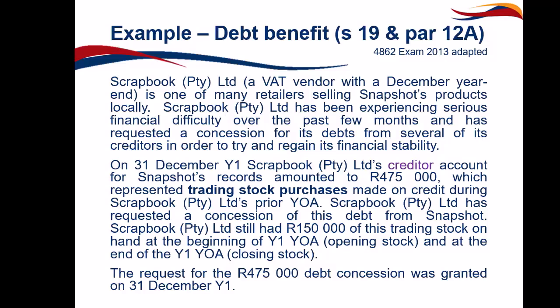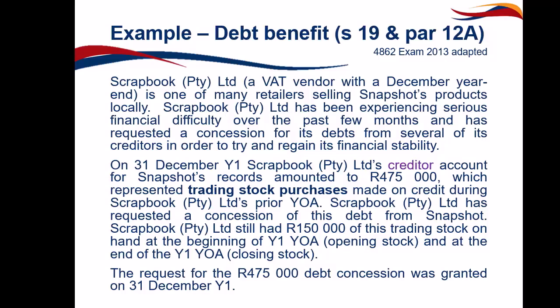If that's the case, then we're going to apply section 19(5). If that's not the case, we ask ourselves, was it used to acquire trading stock and that trading stock is still on hand? If that's the case, then we use section 19(3) to reduce the cost of that trading stock, and any balance remaining will be recouped in terms of section 19.